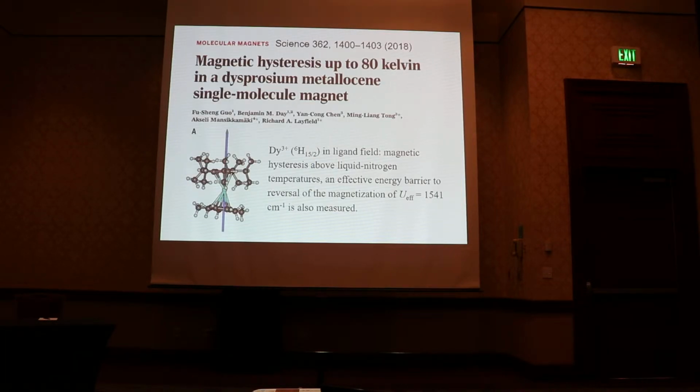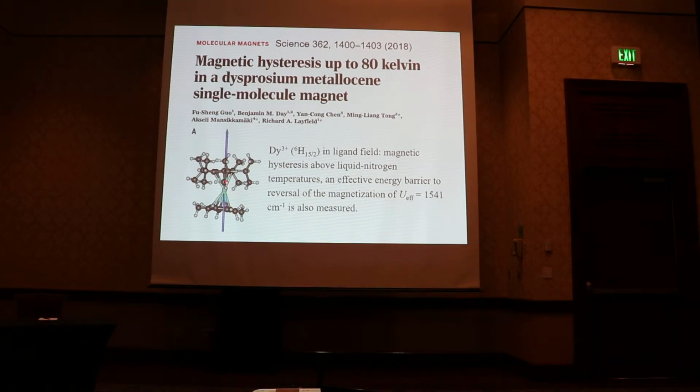methods. Here's another very challenging system that's attracted a lot of attention recently, and there's lots of materials in this class. This is a single molecule magnet, and it consists of a dysprosium atom, which is bonded to various ligands, and this shows hysteresis, as you can read from the title, and you can see this hysteresis up to a very high temperature, above liquid nitrogen.